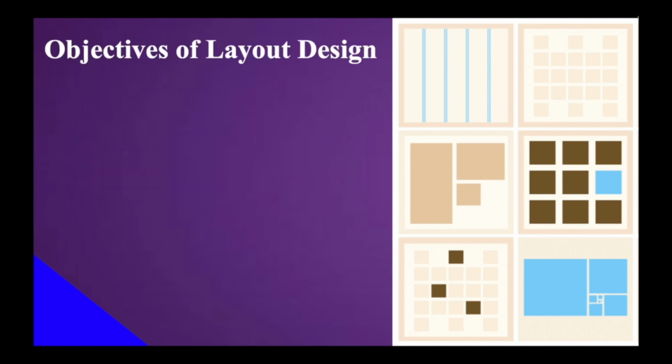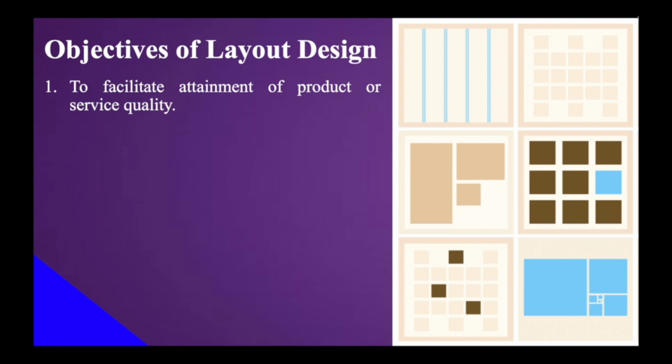Now, we have different objectives in layout design. The first objective is to facilitate attainment of the product or service quality that we are offering to the market. Second is to use the workers and space efficiently.